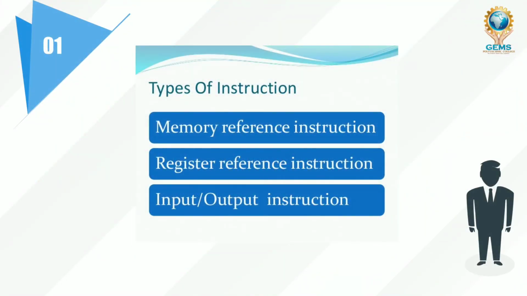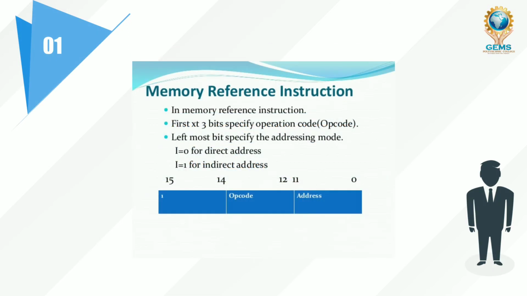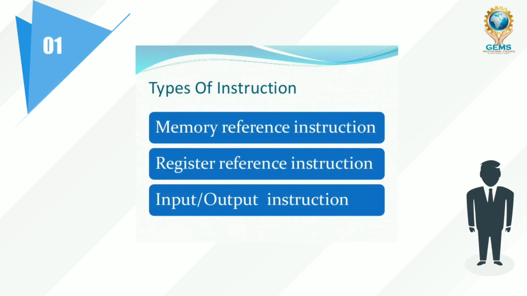Now types of instructions. Please understand, I'm talking about the types of instructions. I hope you understand clearly. Types of instructions means what? The first one is the memory reference instruction.